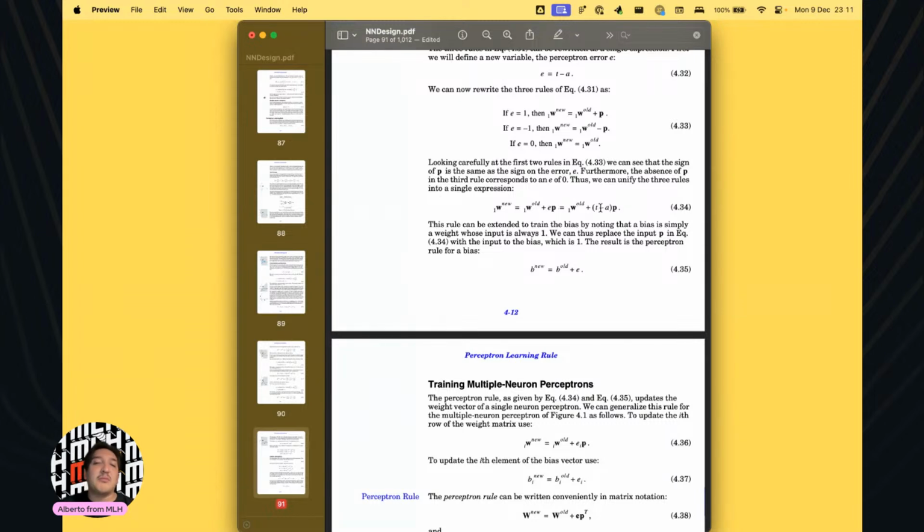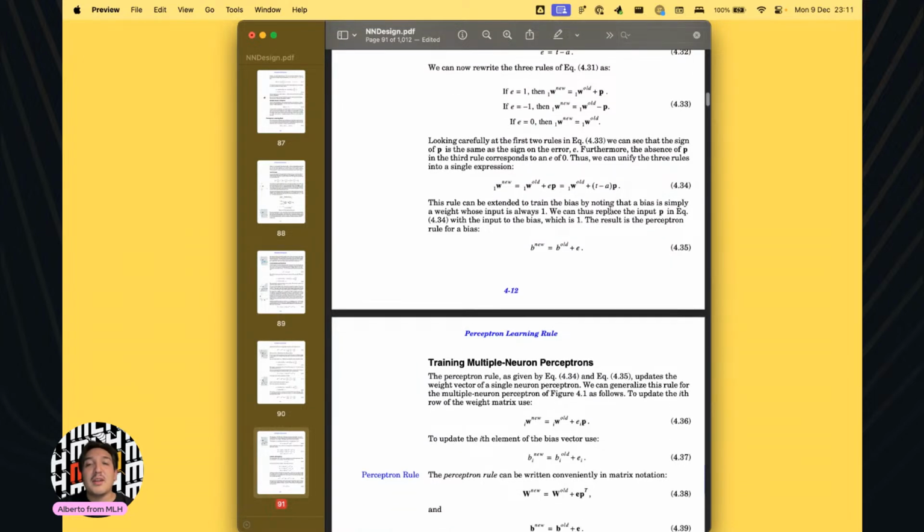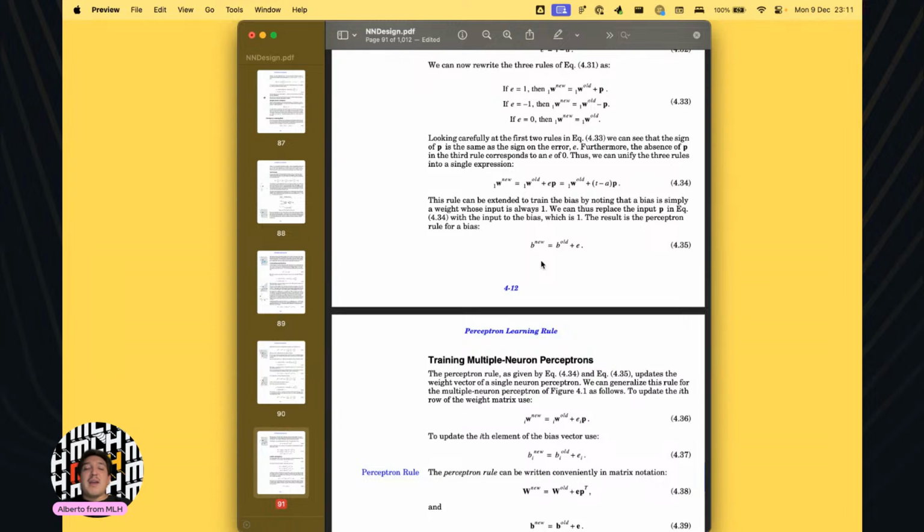Remember, error is target minus the classification returned. And same for the bias. Remember, bias is another thing we want to get, but in this case, we don't multiply the error times the vector.